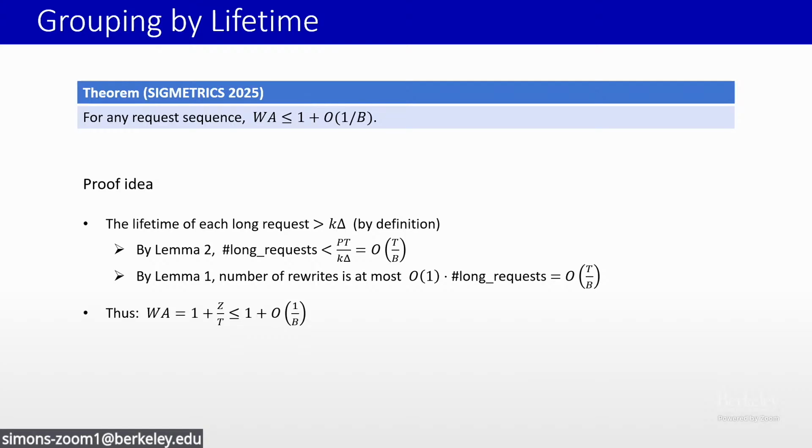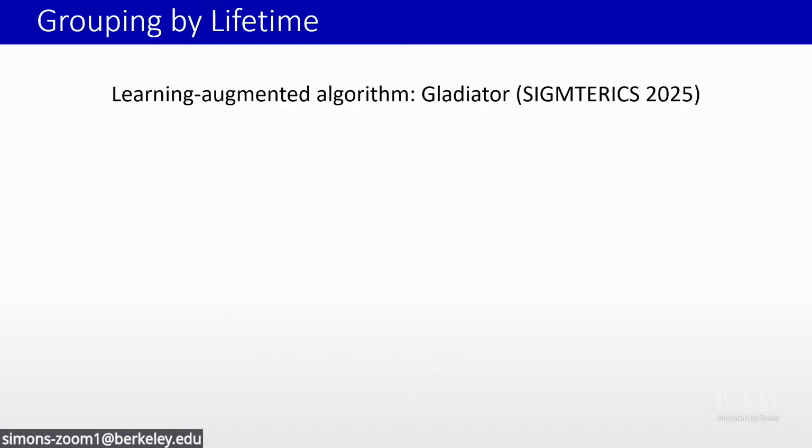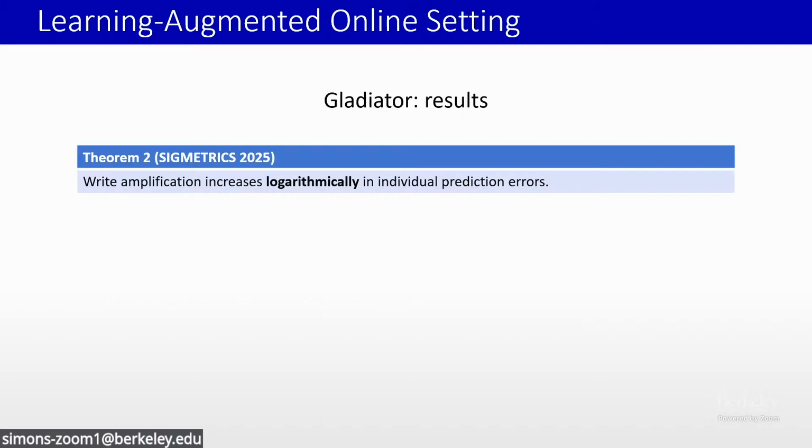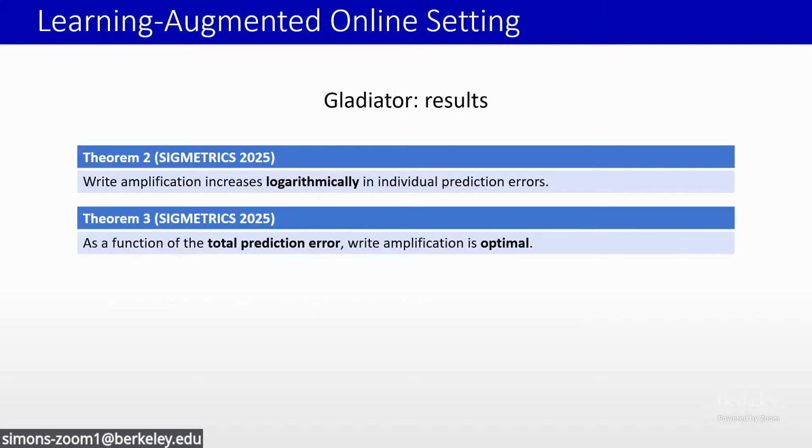However, we can implement this algorithm in the online setting by just having the death time prediction, and the bound we get is that we don't need any extra memory, and the write amplification increases logarithmically and not linearly as before.